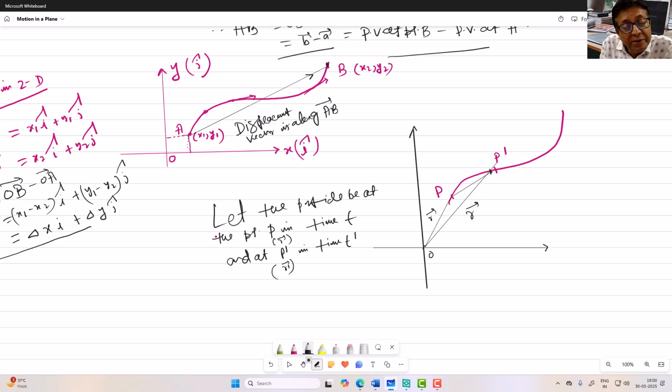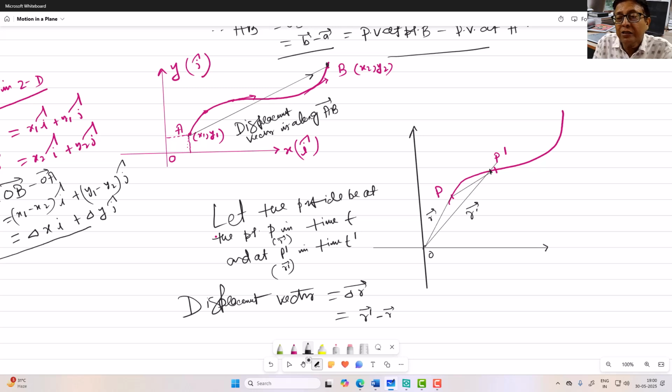Then the displacement vector, as I told you earlier, will be delta R, that is R dash minus R. Clear?